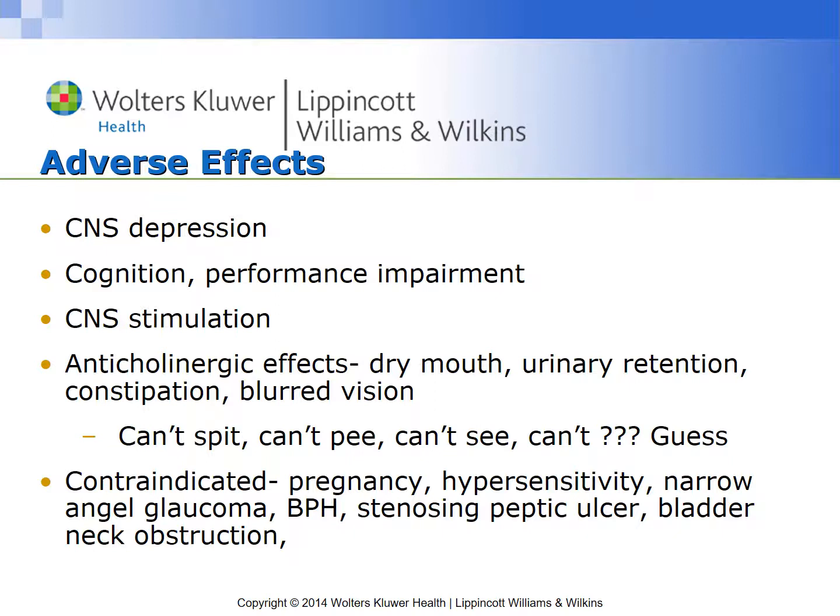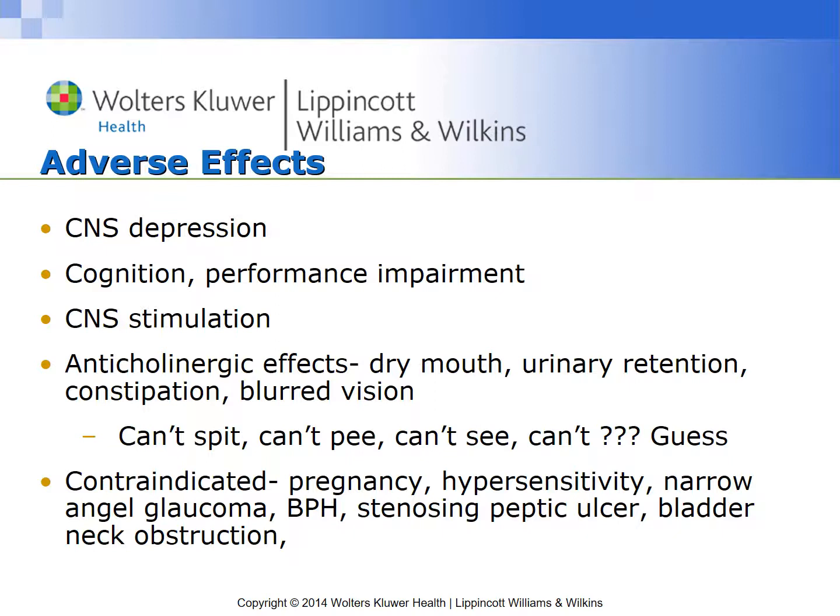These are some common side effects of anticholinergic drugs. An easy way to remember that is: can't spit, can't pee, can't see, can't, you know what. It goes along with the constipation. So that's a good way to try to remember that, because when you see that kind of thing, you've got to worry about it.